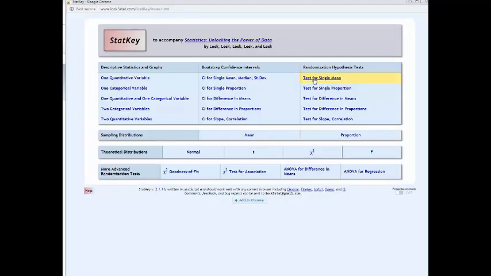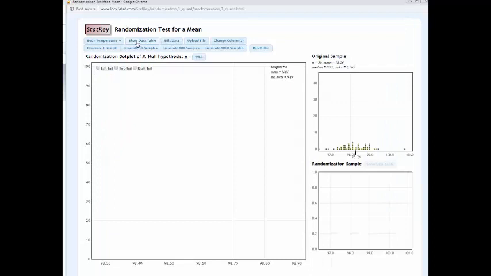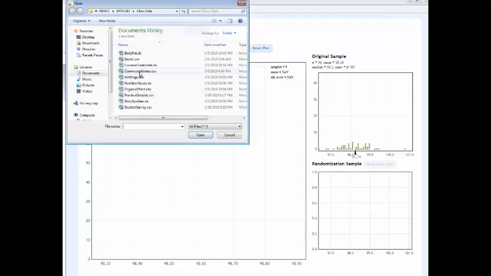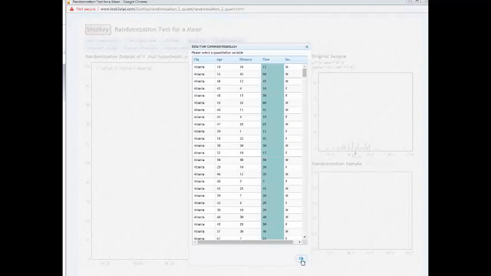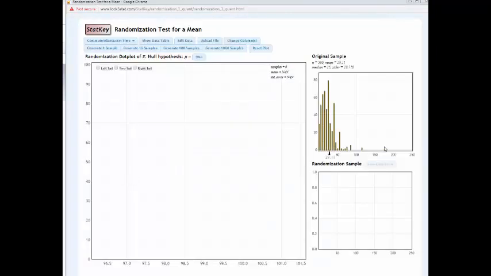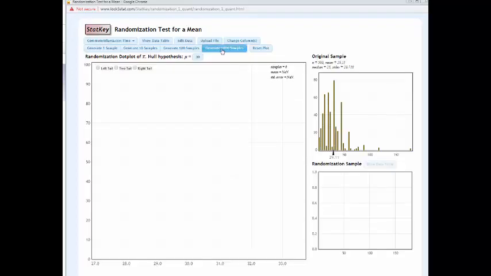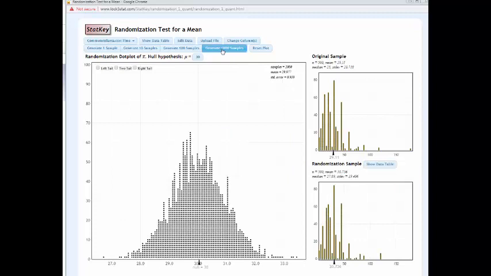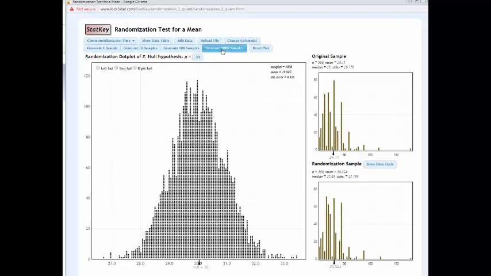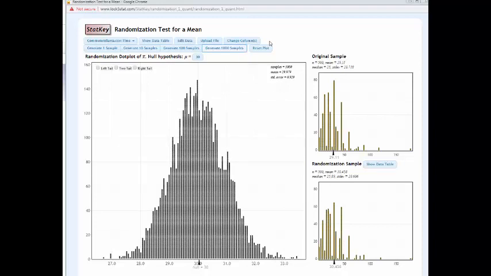So let's go to our test for a single mean. And we get that same data. I'm going to change our null hypothesis to, let's say, 30. Hit enter. So I'm going to generate the randomization distribution. So we're taking samples of 500 from a population with a mean of 30. What does this sample mean tell us?